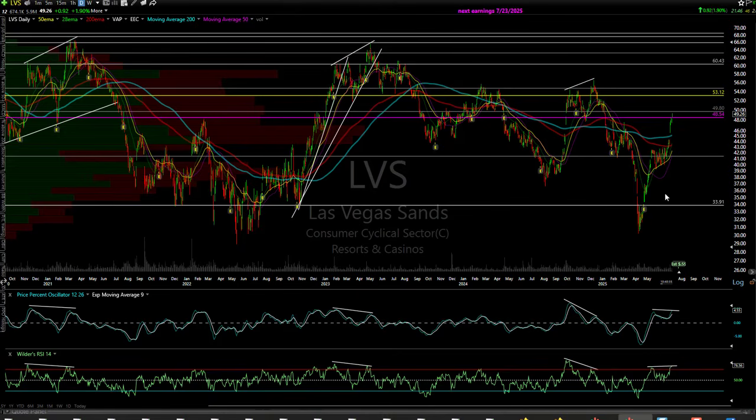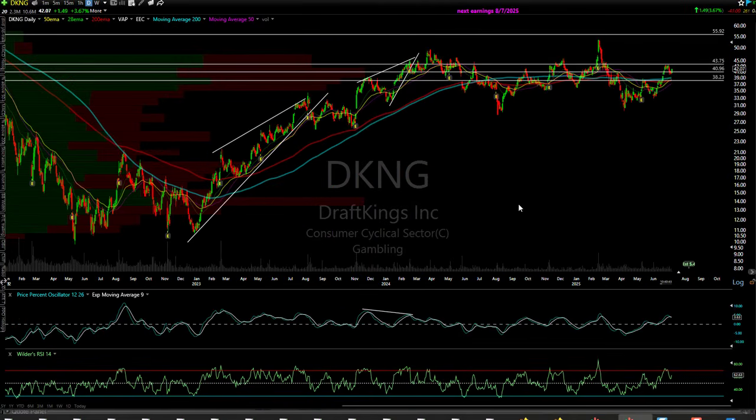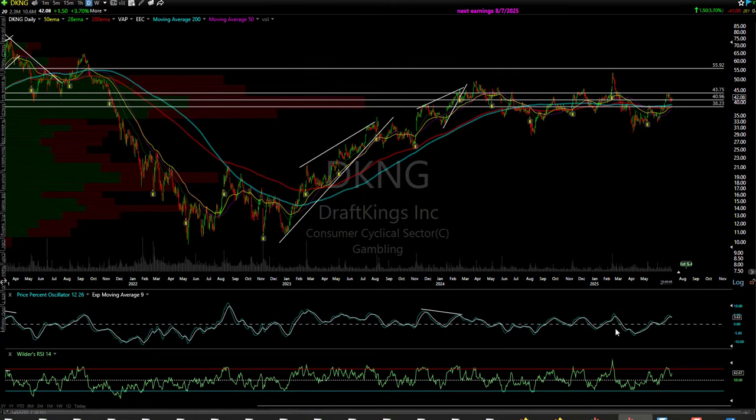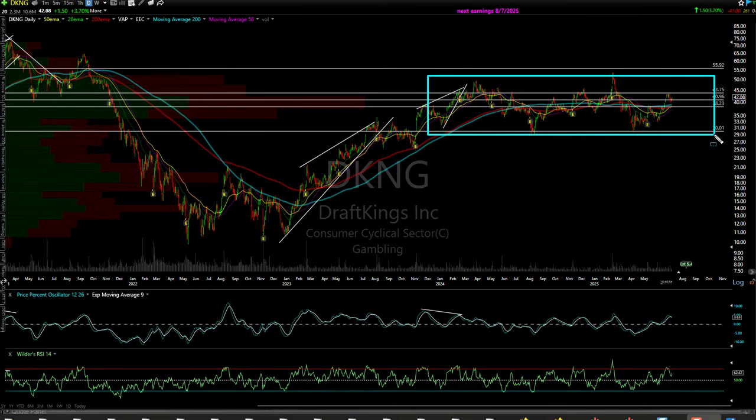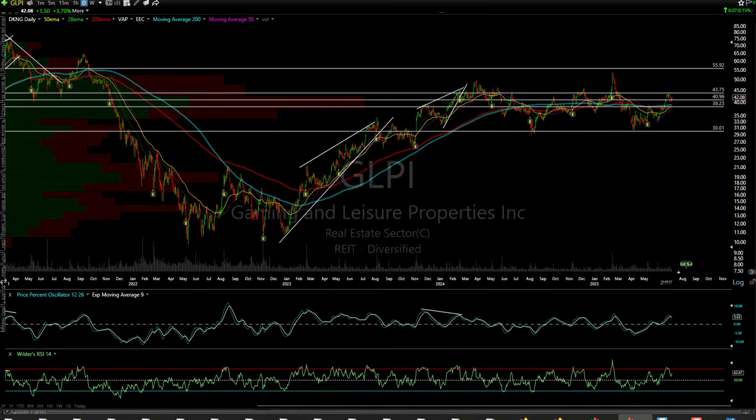If it pushes any higher, it's going to burn through these divergences. Just keep that in mind. DKNG, DraftKings, you can see I haven't marked this chart up, or most of these individual stocks, in a while, but there's some support. It's kind of been a dead money trade for a while, a sideways range.